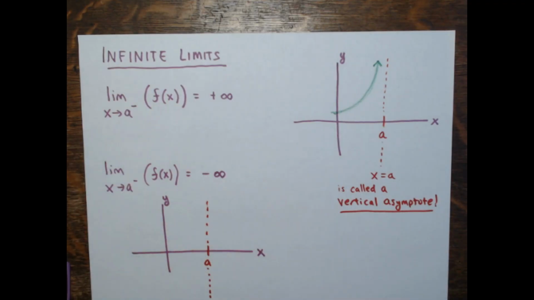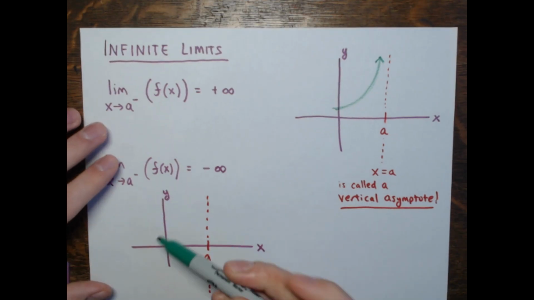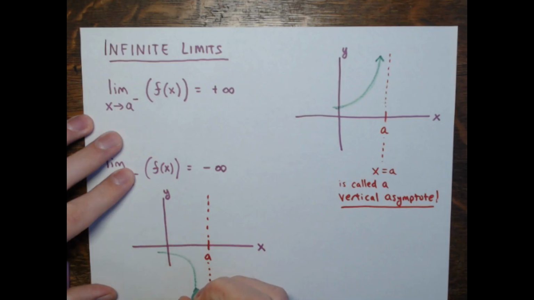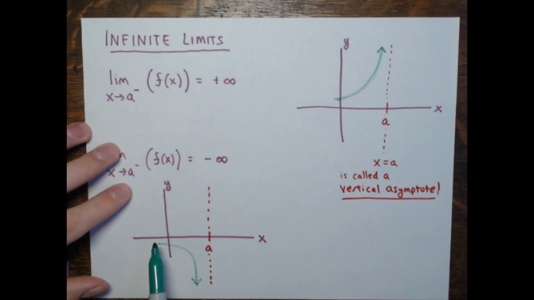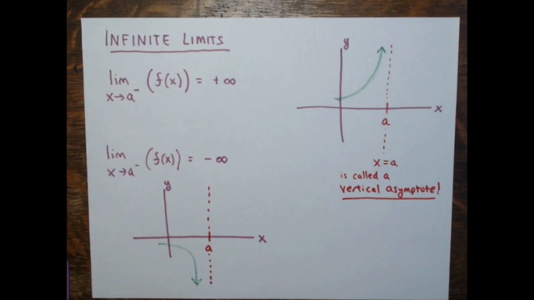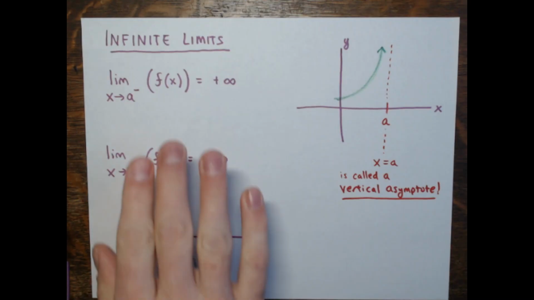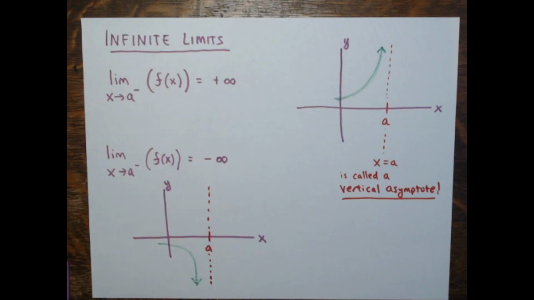This means that from the left side of a, the outputs are going to negative infinity. The closer to a I get from the left, the outputs are getting larger and larger negative. Still, they would call x equals a a vertical asymptote. That's the case in any of these infinite limit scenarios.